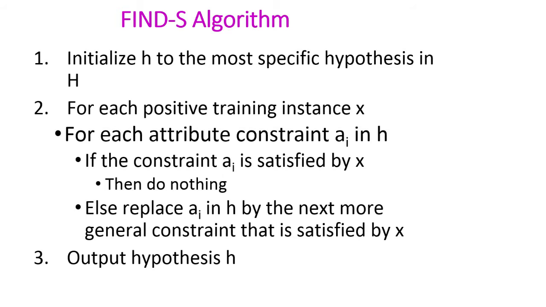This means the attribute value and specific hypothesis value are matching together. We need not do anything else. Otherwise, replace ai in h by the next more general constraint that is satisfied by X. We are replacing here with the question mark. Question mark will indicate any value is acceptable. Third step is output the hypothesis small h.